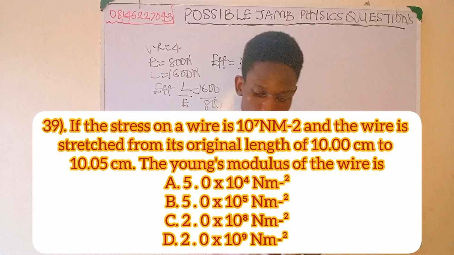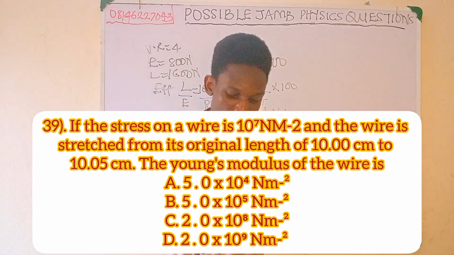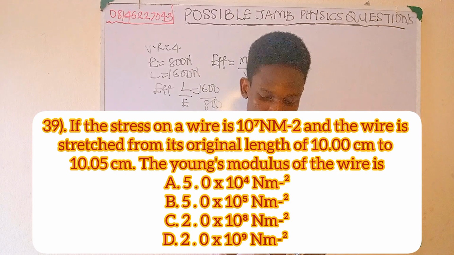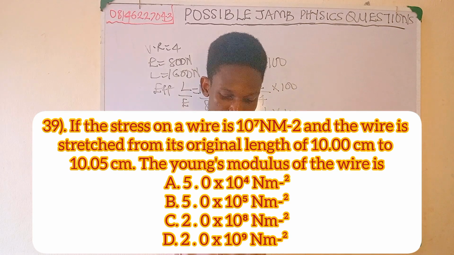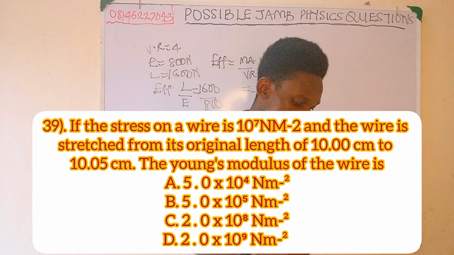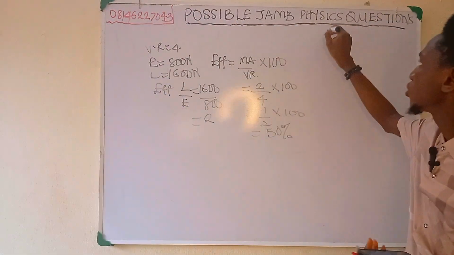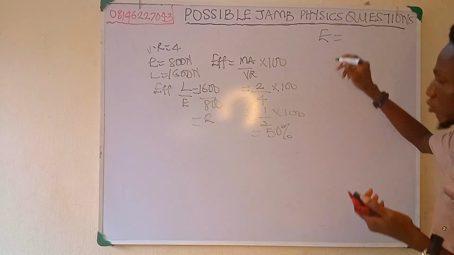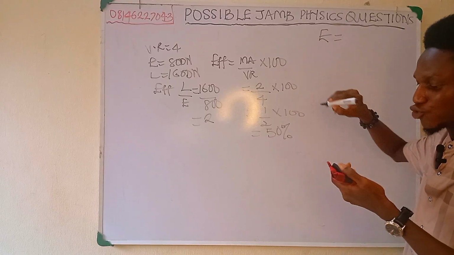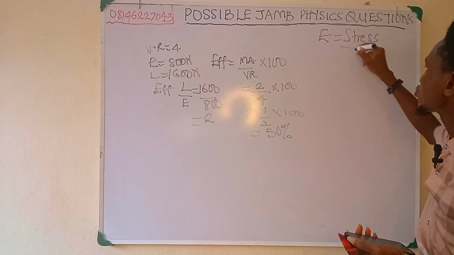It says if the stress on a wire is 10 to the power 7 newton per meter square, and the wire is stretched from its original length of 10 centimeter to 10.05 centimeter, the Young modulus of the wire is dash. Now, how do you look for Young modulus? Young modulus equals stress over strain.